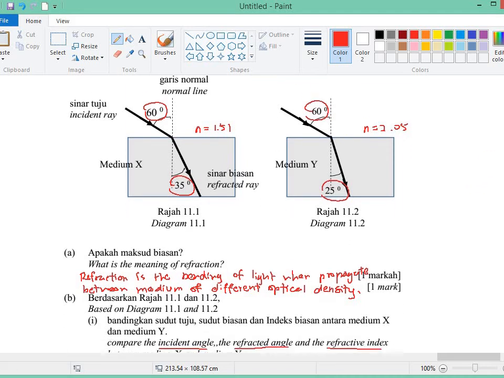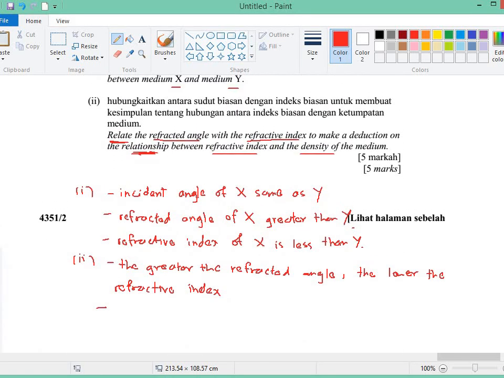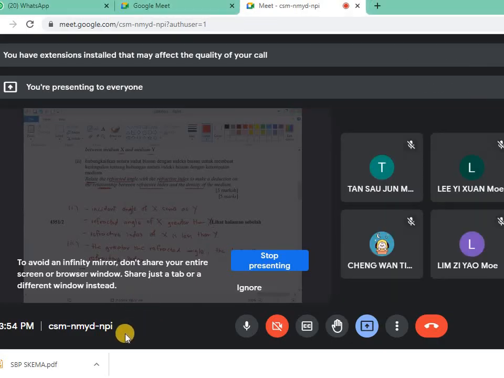Usually like that, but that is not always, because density and optical density are actually two different things. But this question says density, maybe it refers to optical density. But never mind, we just answer following what the question wants.